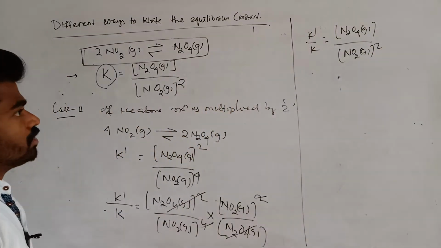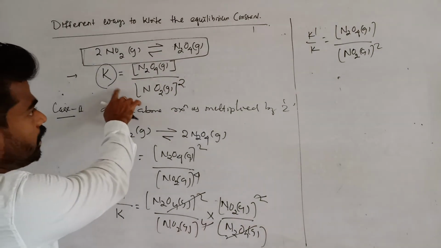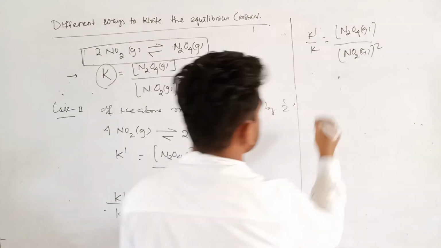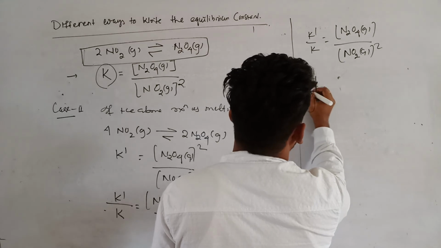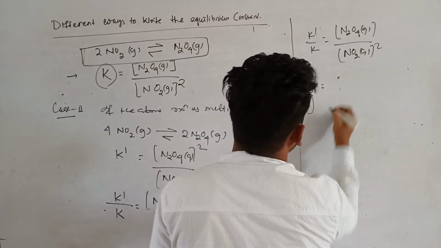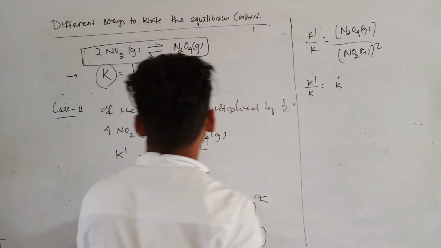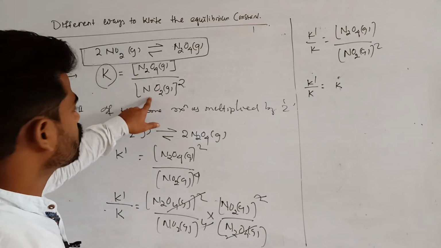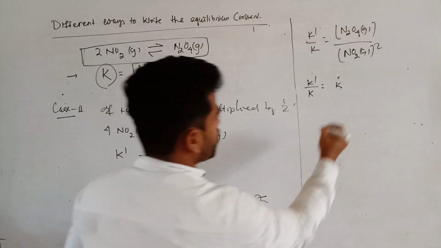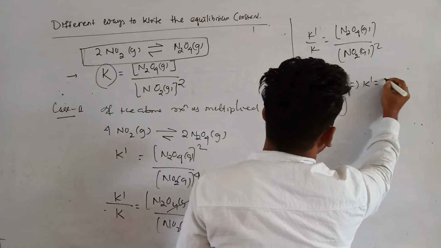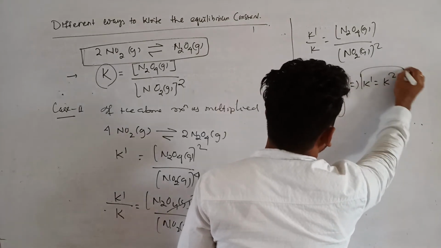Now look at this expression, that is nothing but your K. So I can write over here K dash upon K is equal to K. This N2O4 upon NO2 square, that is K. So K dash becomes equal to K square.